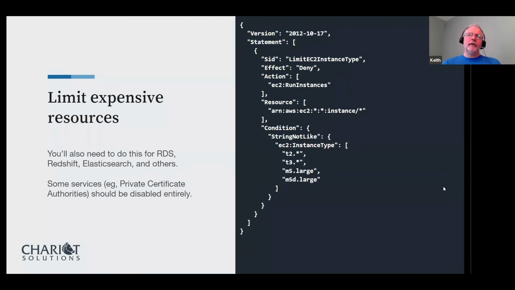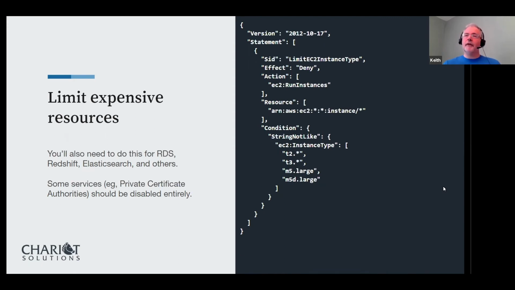The last type of SCP that I want to talk about is putting limits on the resources that people can create. So again, it's easy to run up big bills. I think the most expensive EC2 instance is somewhere in the $12 an hour range if you fire it up.